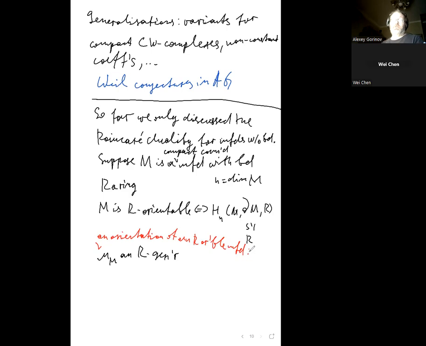Namely, to choose an orientation is the same as to choose a generator of Hn of M, but this time mod the boundary.